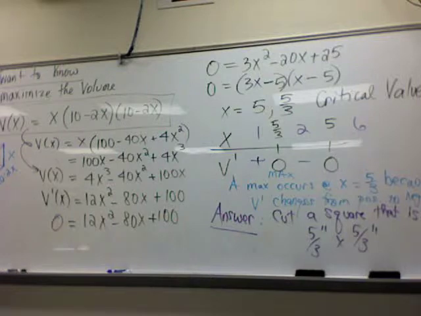And the graph says something like this. And the graph here says that if you pick any value here, then that causes you to have a square. And the one right at 5/3 gives you the area that's the most.